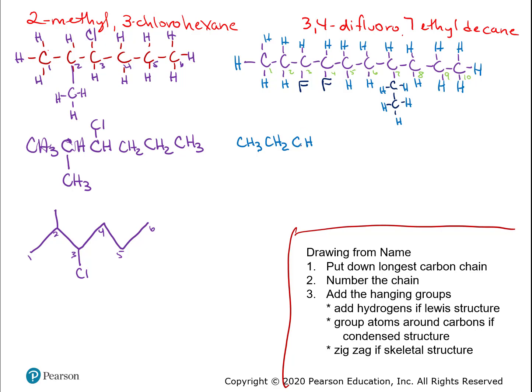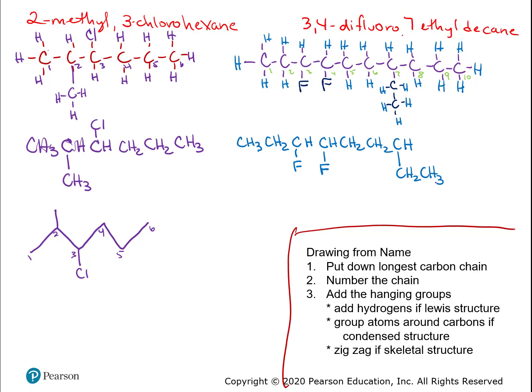So it would be CH, and then you would have F coming off. Carbon 4, CH with another F hanging off. Carbon 5, CH2, 6, CH2, 7, CH, and coming down would be a CH2, CH3. Do you see that's an ethyl?